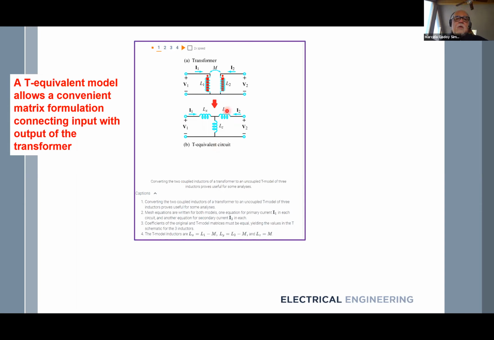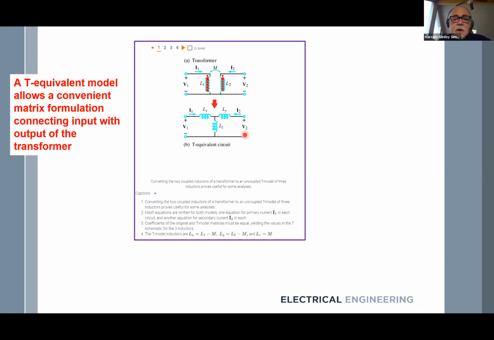We call that the T equivalent model, because it looks like a T. Sometimes you say Y, because you can imagine it's like a Y, but it's either a T or Y equivalent model.